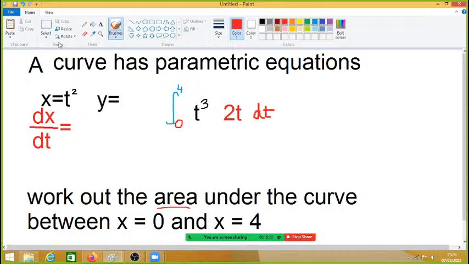And then if x is 4, then what would t have to be? If x is 4, then t would have to be 2 or minus 2, because of the square root of 4. I just used the positive one to make it simple, but you might have to use the negative one as well.